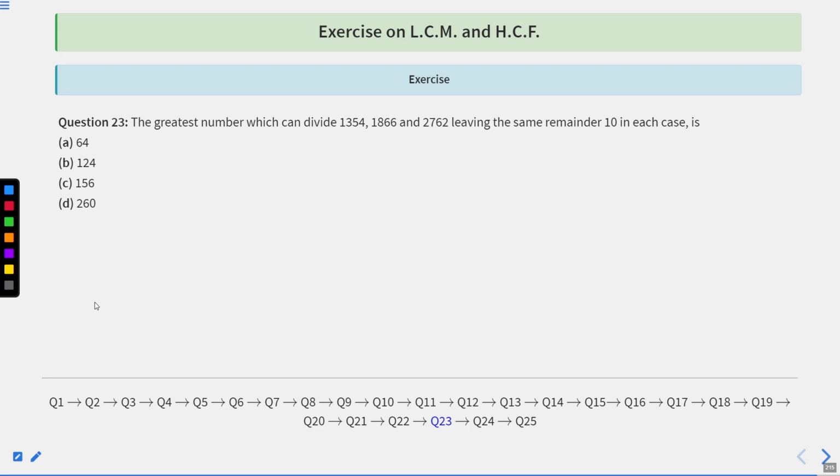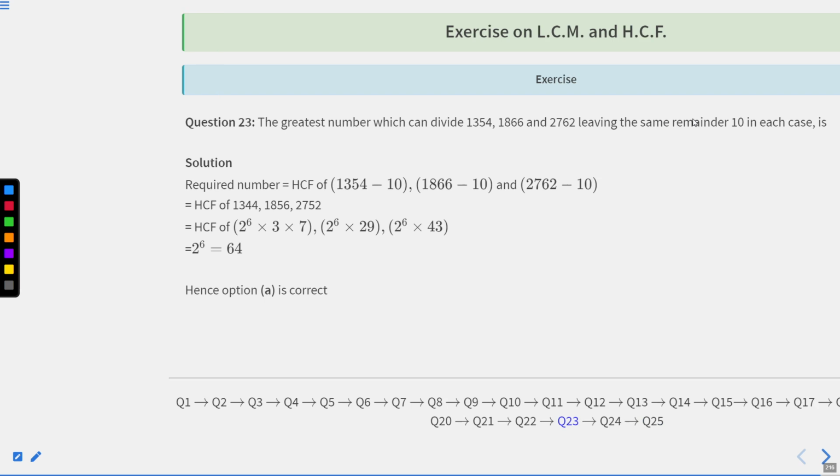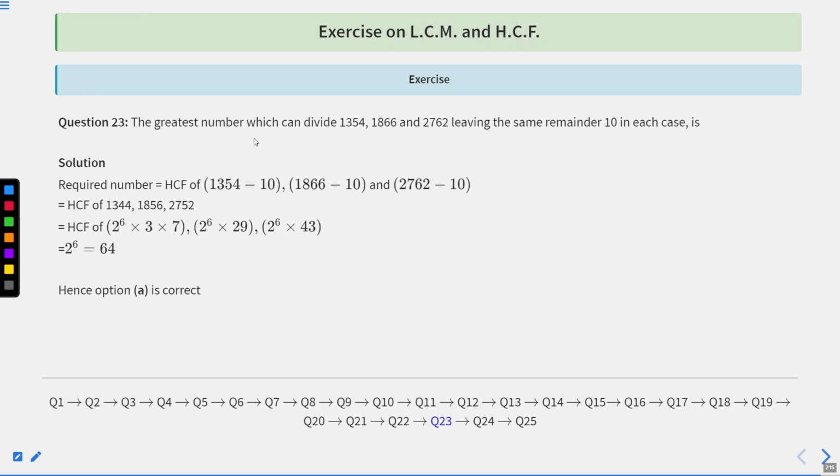Question number 23. The greatest number which can divide 1354, 1866 and 2762, leaving the same remainder 10 in each case, is. Solution. So the required number is equal to the HCF of 1354 minus 10, 1866 minus 10 and 2762 minus 10.